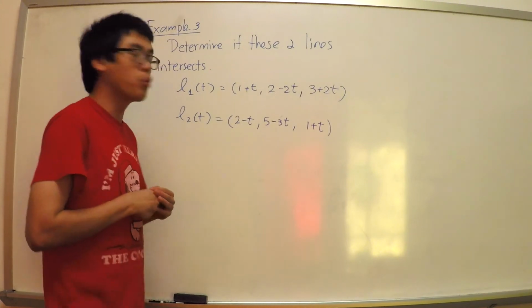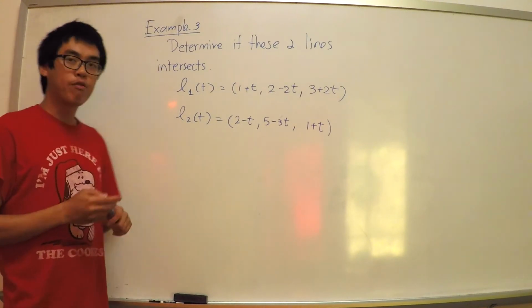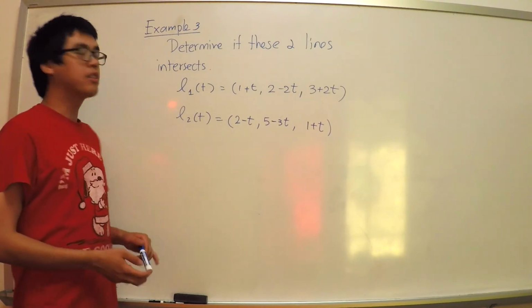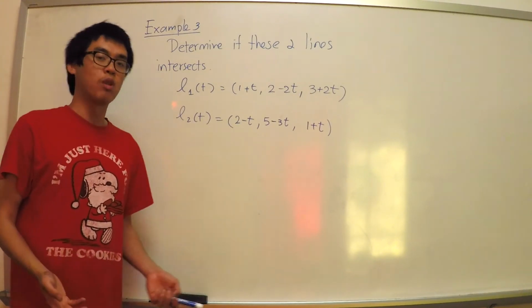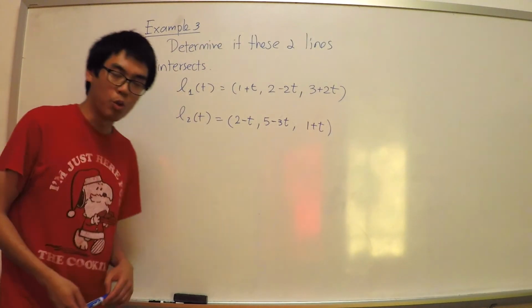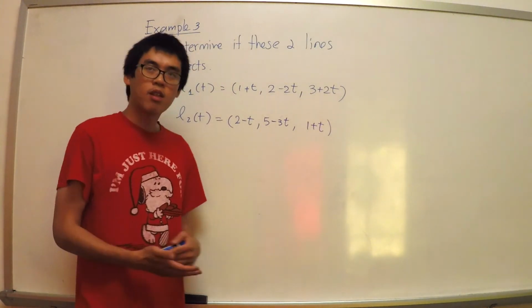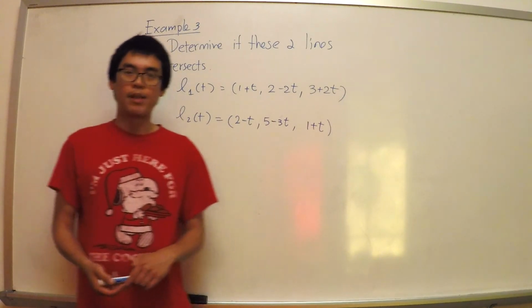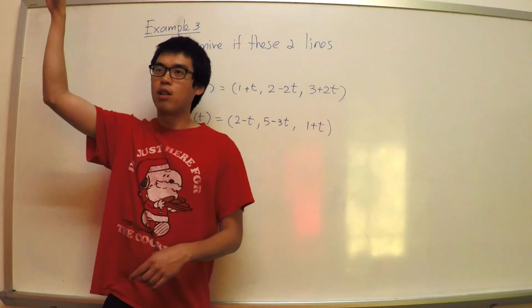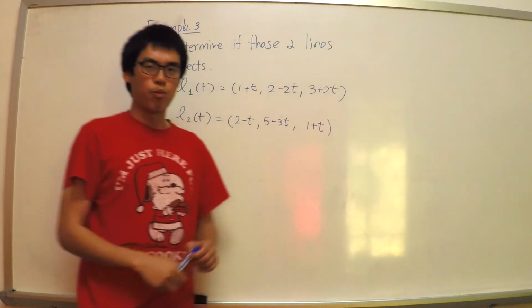We went over two problems that ask you to find lines. Now we have a different type of problem that, instead of asking you to find a line, gives you two lines, and the question is, do those two lines intersect? This is something that's different from two dimensions to three dimensions. In two dimensions, if two lines are not parallel, then they must intersect somewhere.